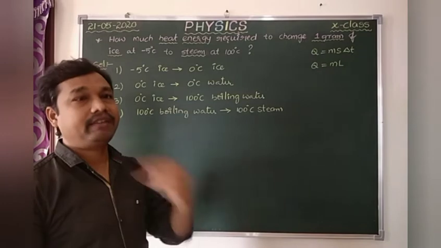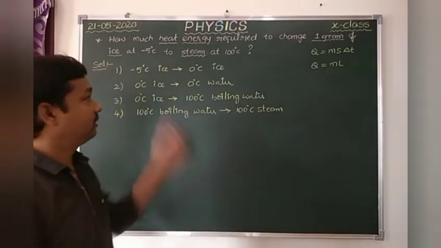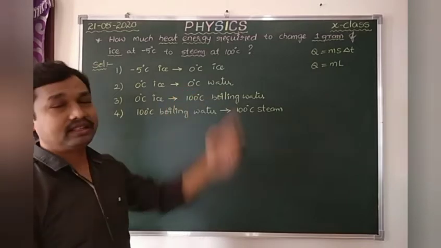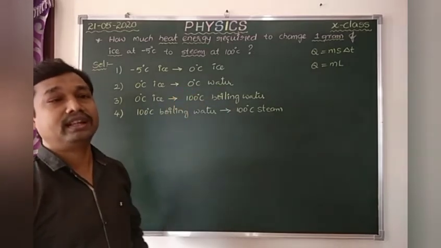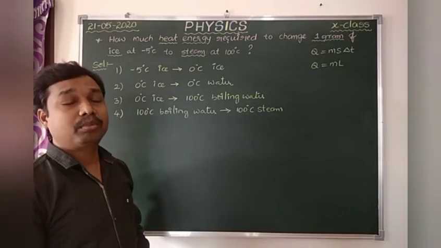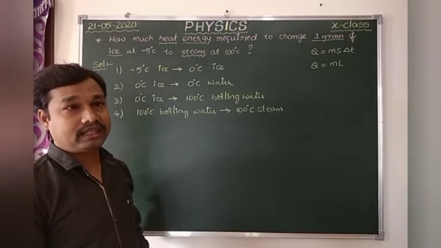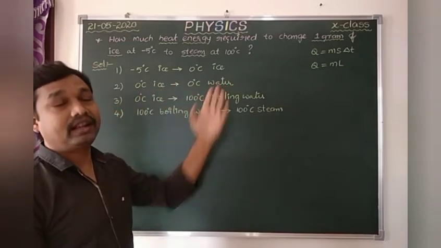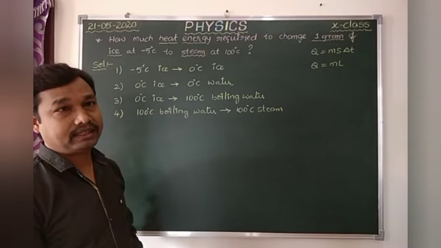Here we have two definitions. 0 degrees Celsius ice converting into 0 degrees Celsius water, we call it melting. What is meant by melting? The process of change of state of a substance from solid to liquid is called melting.